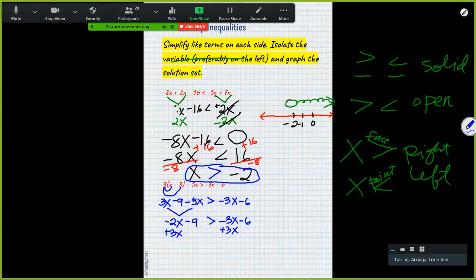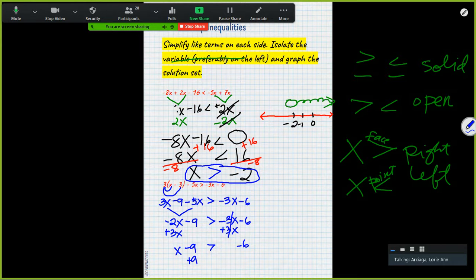Be careful with your signs again. Different signs subtract. So +3 minus 2 will become +1. So that's x minus 9 is greater than, these will cancel, -6. There you go.